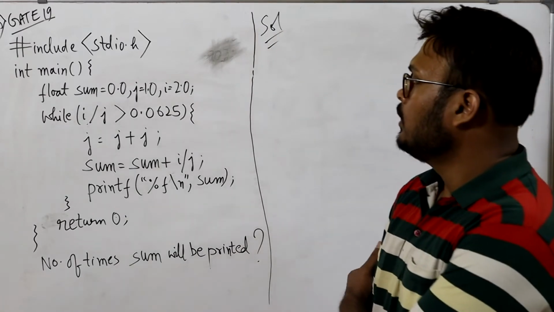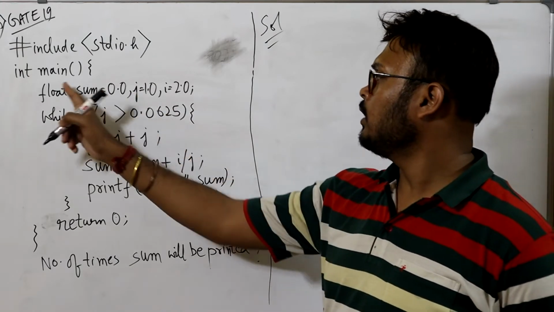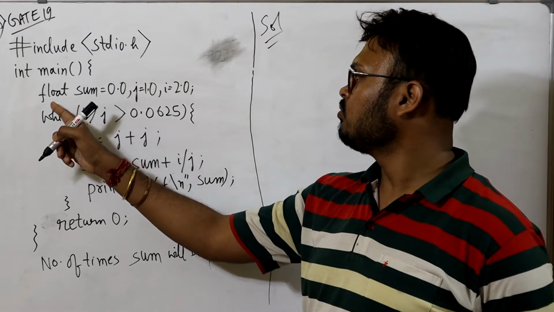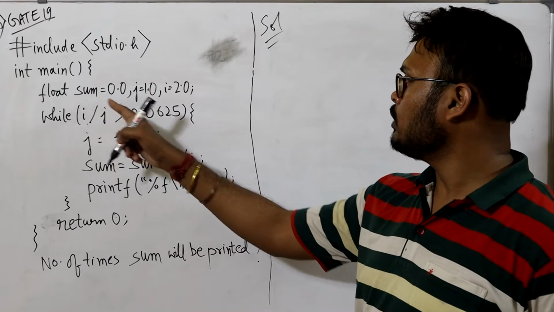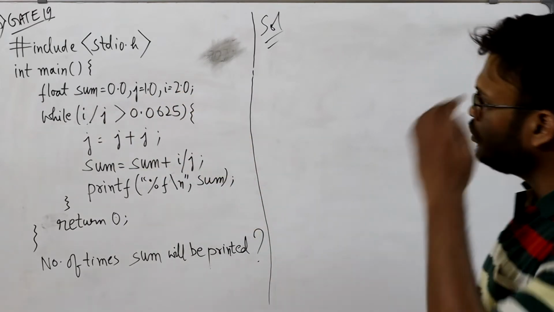You see here, three local variables are declared as float. They are being initialized: sum is equal to 0.0, j is equal to 1.0, and i is equal to 2.0.